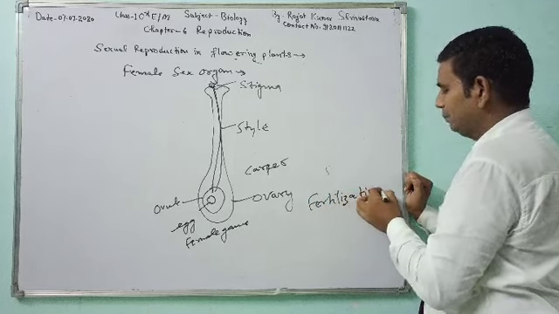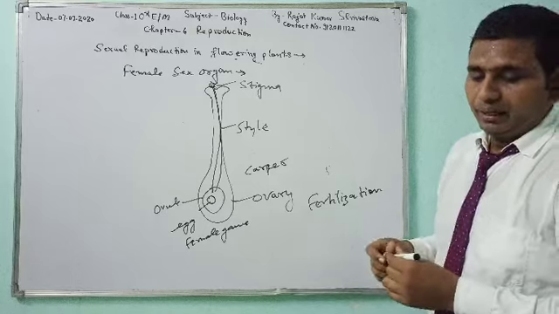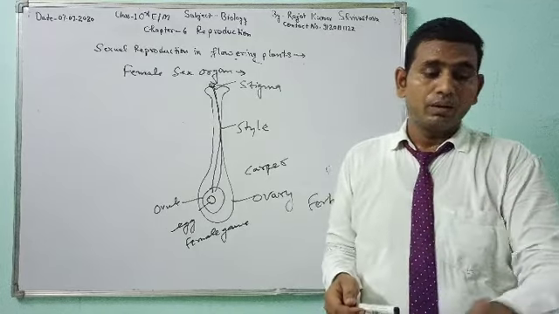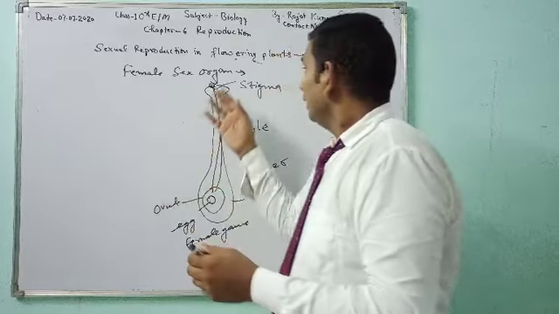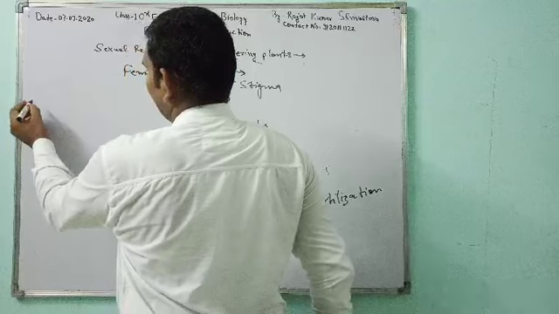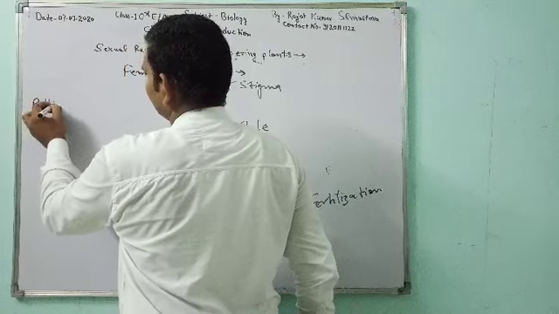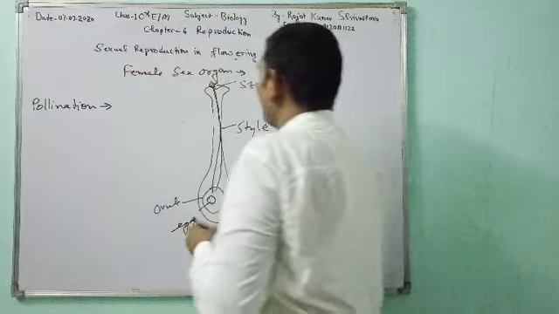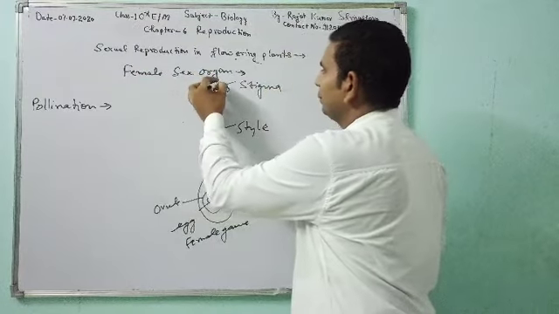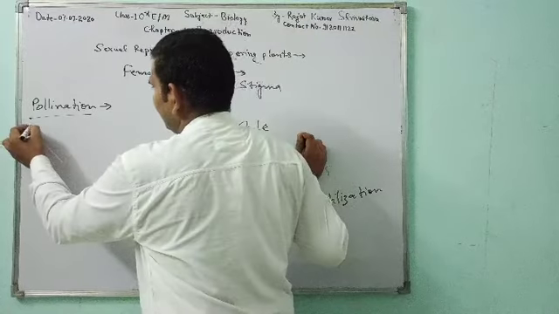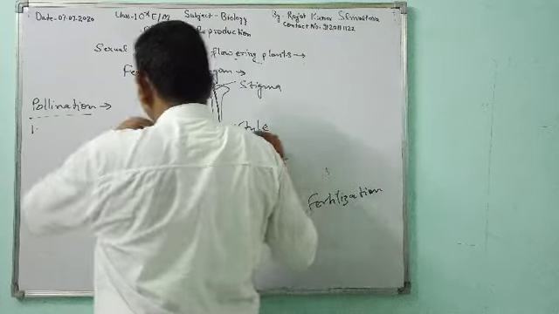The fusion of male and female gamete is called fertilization, and the reaching of pollen grain on the stigma is called pollination. Pollen grain का स्टिग्मा तक पहुंचना pollination कहलाता है.